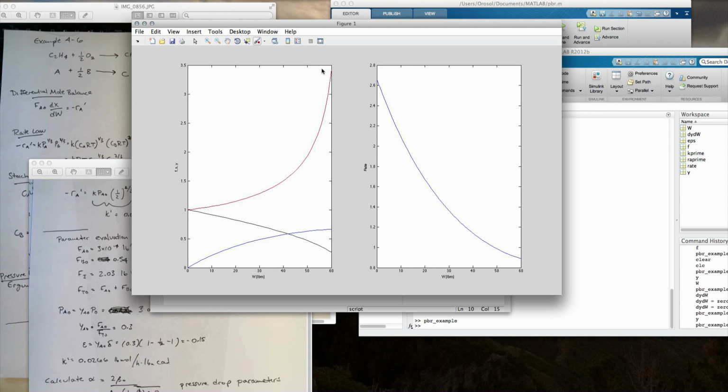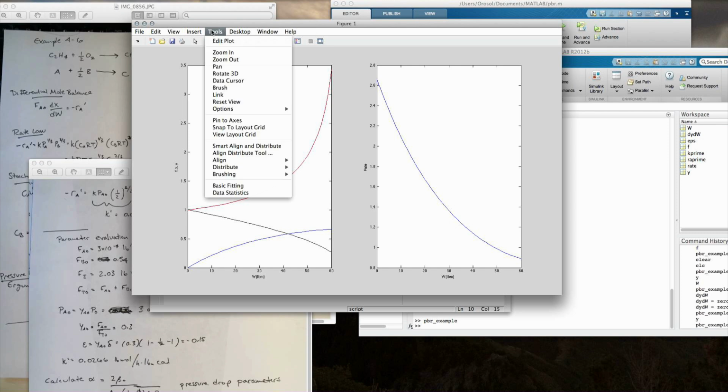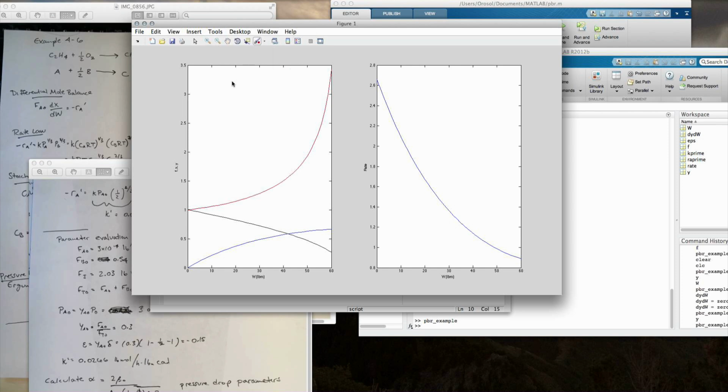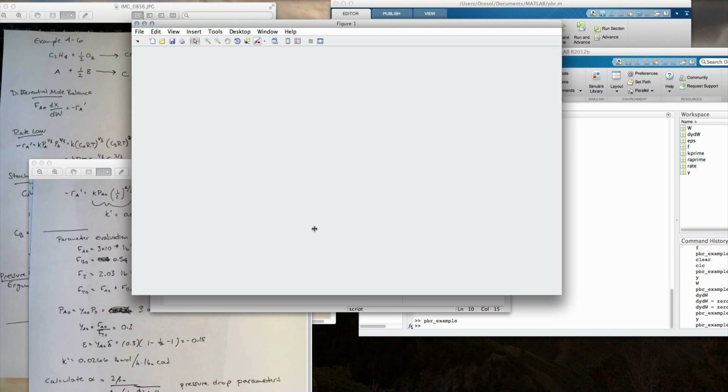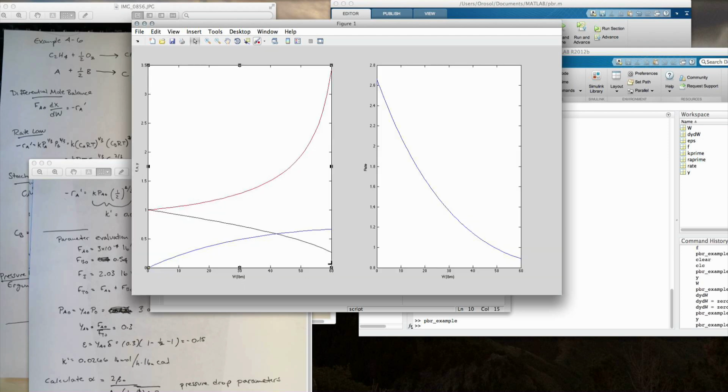And one thing I like about MATLAB is you can go in and edit your plots. So if I go to Tools, Edit Plot, then I can select this one and adjust it so it looks better.